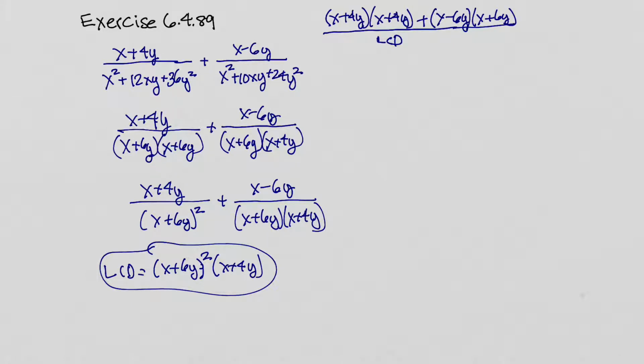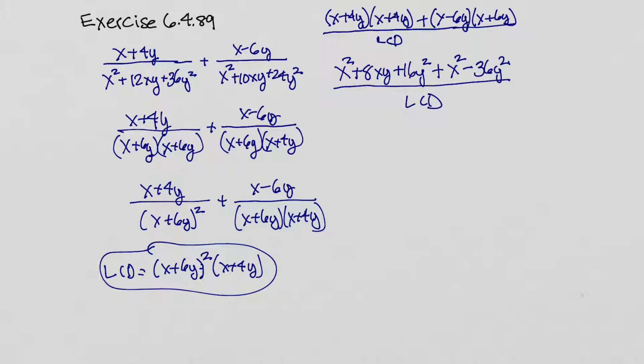So let's make these multiplications. We're going to have x squared plus, now this outer product and inner product, 4xy and 4xy gives us 8xy, and then a plus 16y squared, plus, now these are conjugates, so we can just square the first, getting x squared, put a minus sign and square the second, 36y squared, or just multiply it out if you like, all over the LCD.